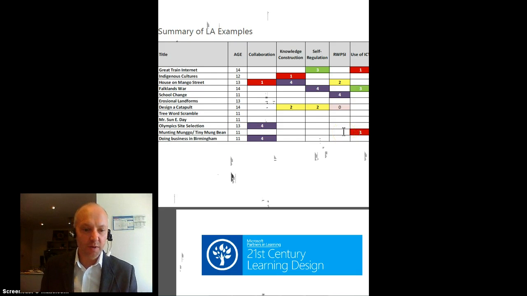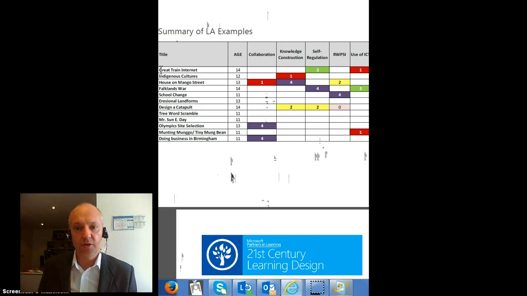The one we're going to have a look at is this activity here, Great Train Internet, the first one. It's been coded both for self-regulation and for use of ICT. It's received a 1, the same as Tiny Mung Bean, for ICT, and a 3 for self-regulation.